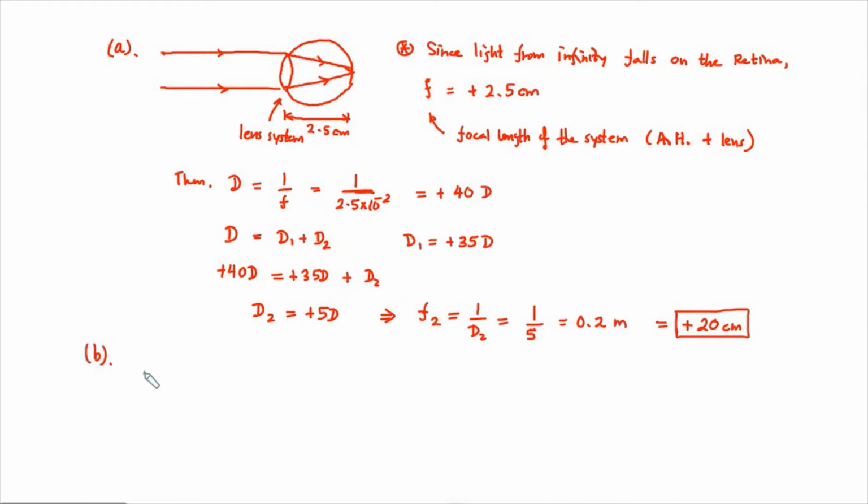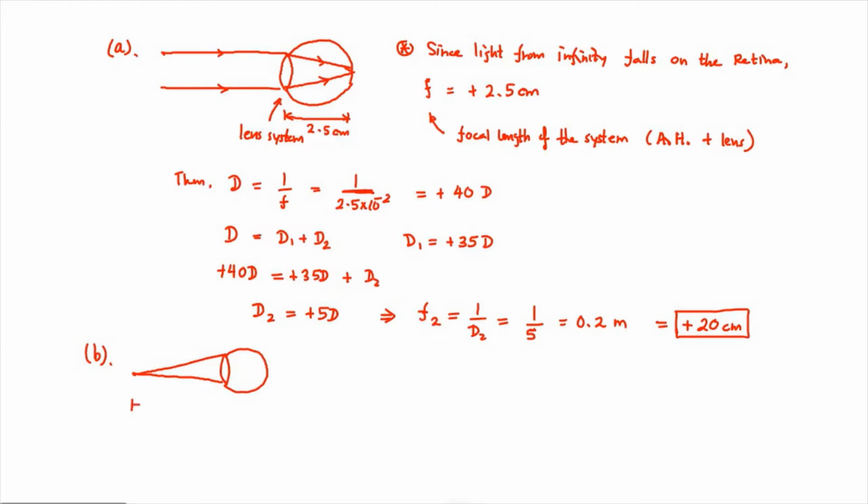In part B, the light does not come from infinity because the object is now 25 centimeters away from the eye lens or this lens system. So it's something like this. That's your eye, and then this is the point where the object is.